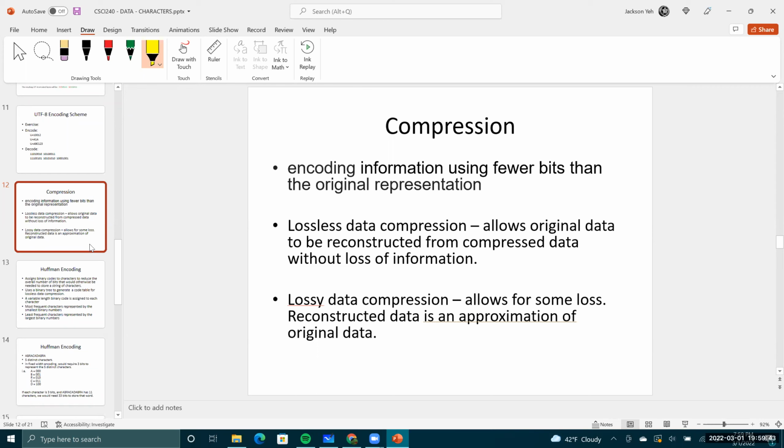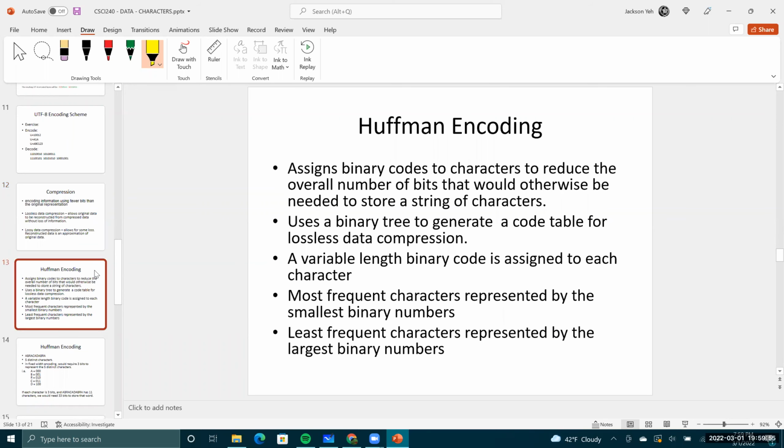Again, I can't go over every possible algorithm for compression, so I'm just going to go over one of them, just so you have a general idea of how it works, because they all operate more or less on the same principles. All right, Huffman encoding. Huffman encoding is a very early and popular way of encoding text, or it could be numbers, using fewer characters than needed.